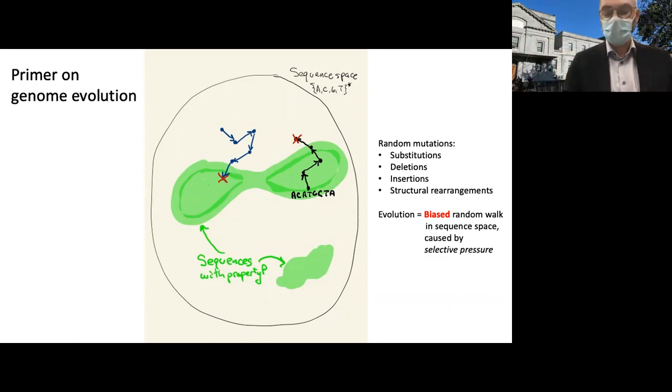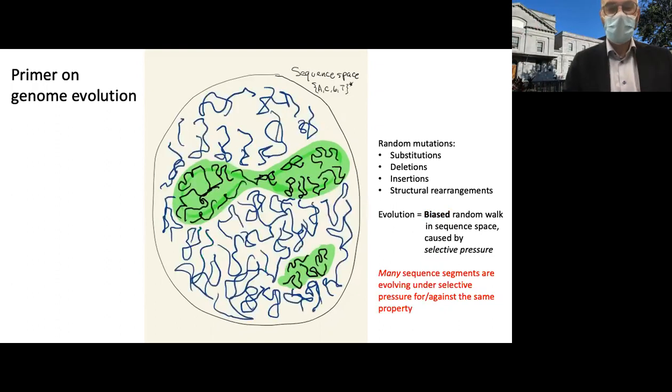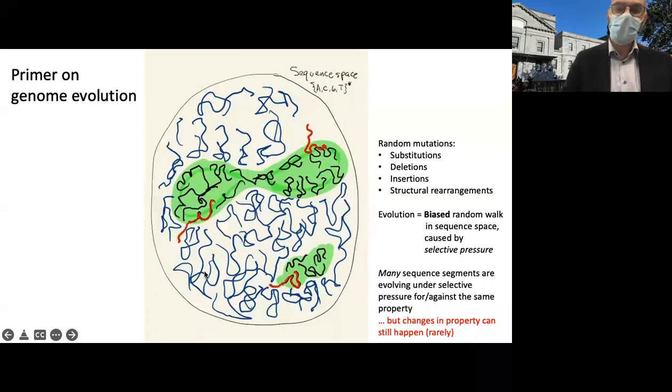So there's a certain selective pressure to either stay within the green region or stay outside of the green region. If we had access to the evolutionary traces of a large number of examples, we might see something like that. A lot of these traces are staying within the green region, a lot are staying within the white region, but there's not a lot of them crossing. Well, there might be a few.